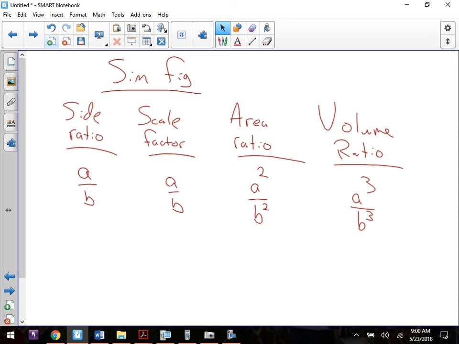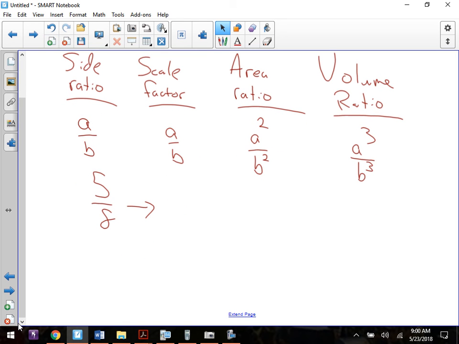So it says the ratio of the side lengths of the two similar polygons is 5 to 8. That means your side ratio is 5 to 8, which means your scale factor is 5 to 8, which means your area ratio would be 25 to 64. So then I would use that ratio. Since the area of the smaller is 125, find the area of the larger.